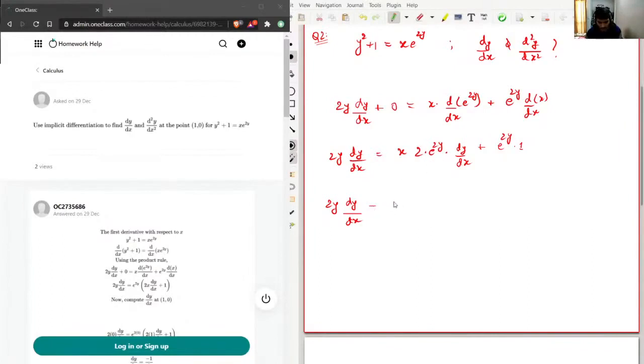So this will be 2 times x e power 2y dy by dx equal to e power 2y.